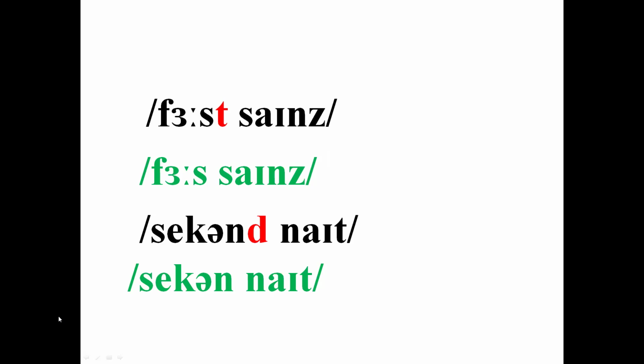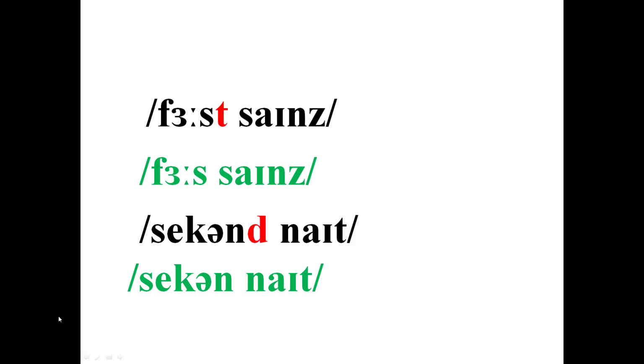The second example is "second night", s, e, k, o, n, d, n, a, i, t. If you speak it slowly and separately, the d sound will be there. But if you speak with speed, it will become "secon night". So in both examples, in the first one the t sound is dropped, and in the second one the d sound is dropped.